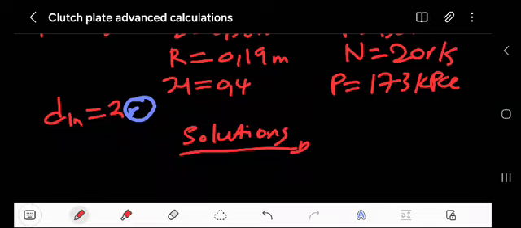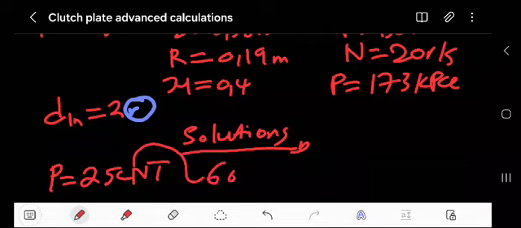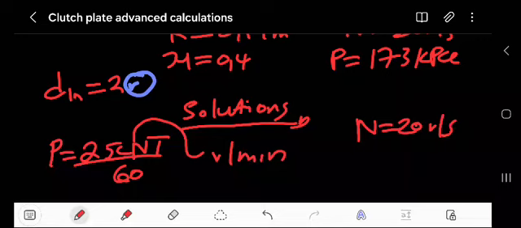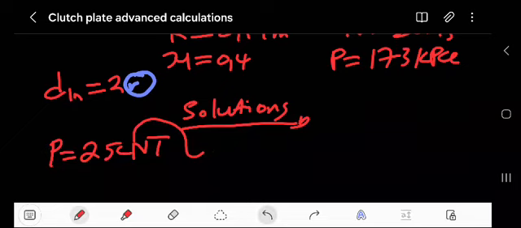We know that power is equal to 2 pi n T. If n was in revs per minute, we would divide by 60. But we've been given n, which is equal to 20 revs per second, so we should not divide. It will be like this from our equation.